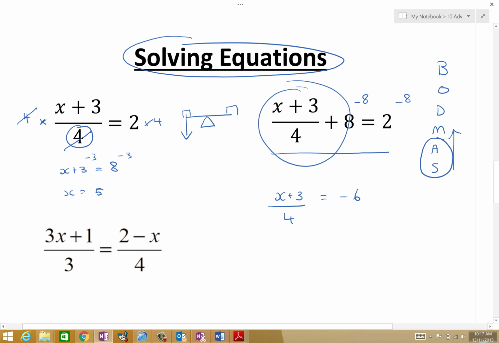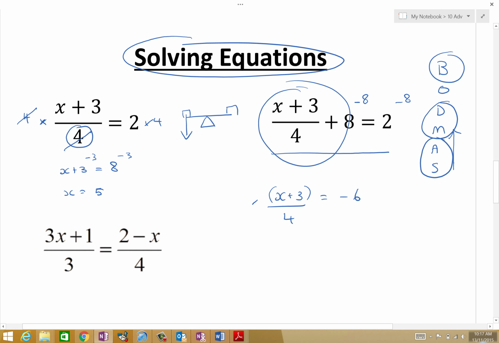Now I have dealt with my addition and subtraction, but remember there's actually technically a brackets here because that's all divided by 4. The brackets is what happens last, but the problem is that it's not in brackets, so that's what's confusing about it. What we need to do now is deal with the division and multiplication.